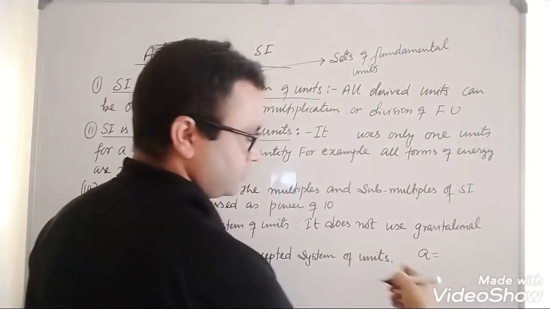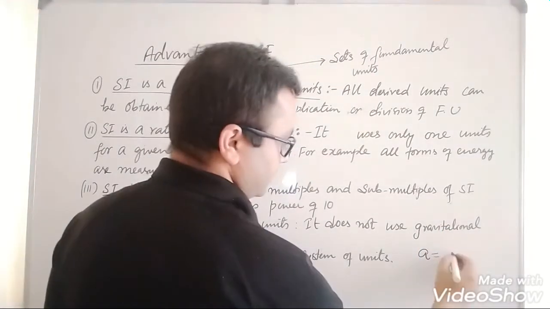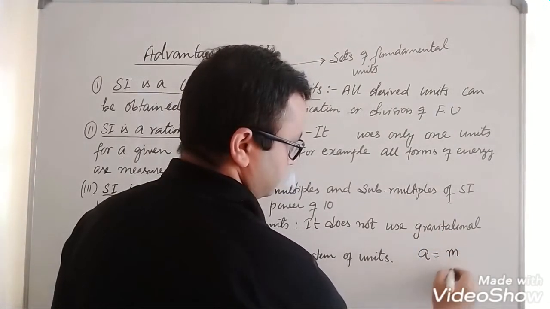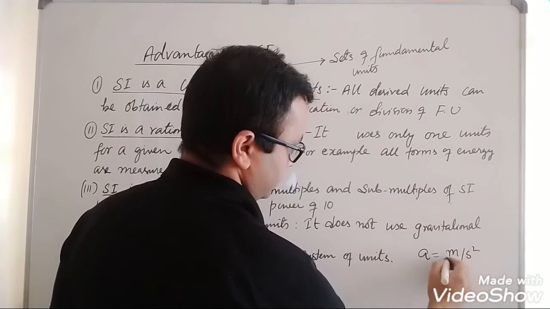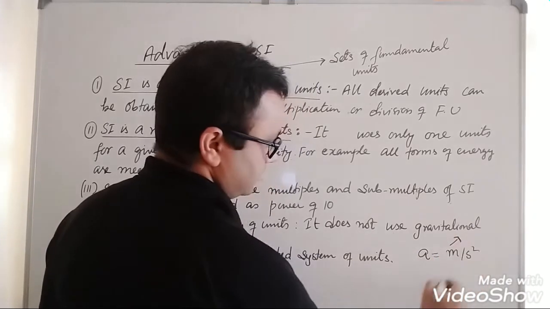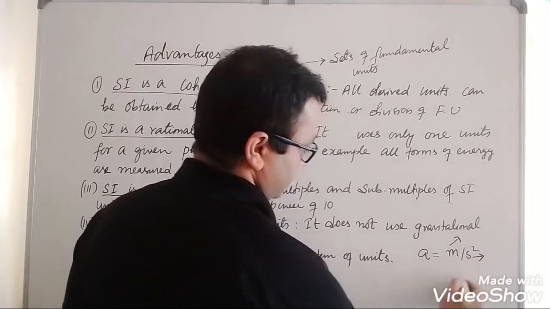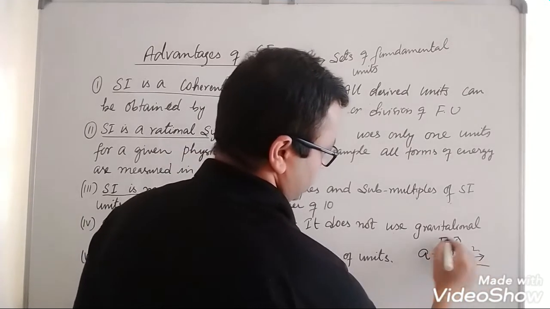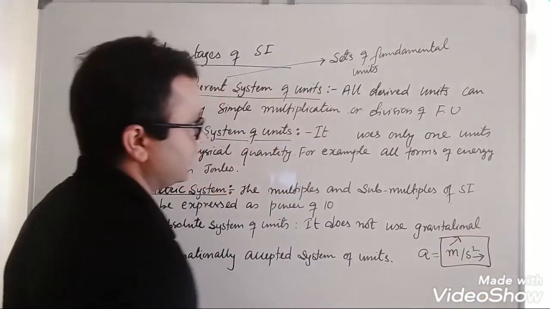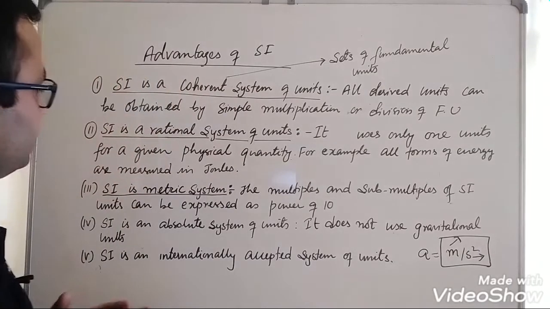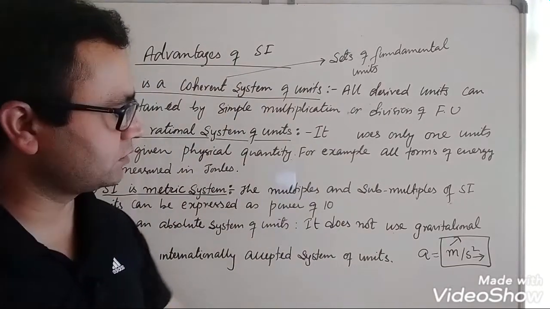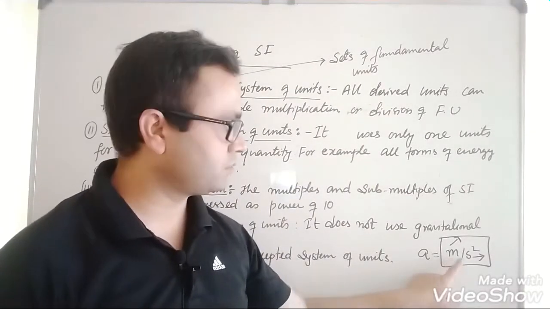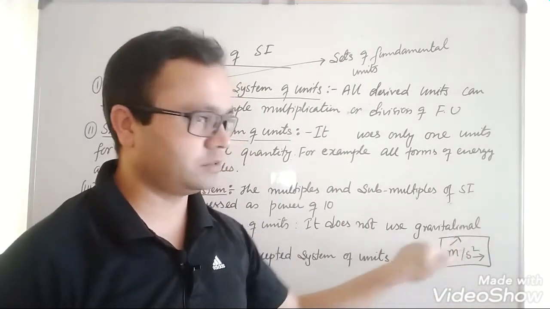Velocity is meter per second, so acceleration is meter per second square. Meter is a fundamental unit and second is also a fundamental unit. So these two fundamental units give the derived unit. That's why SI is a coherent system of units.